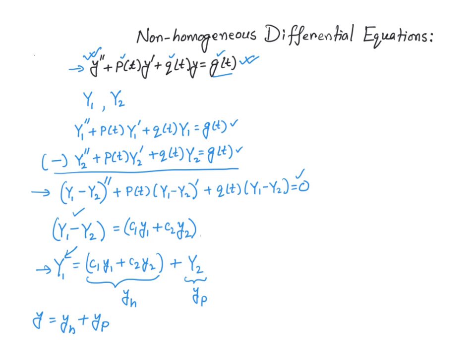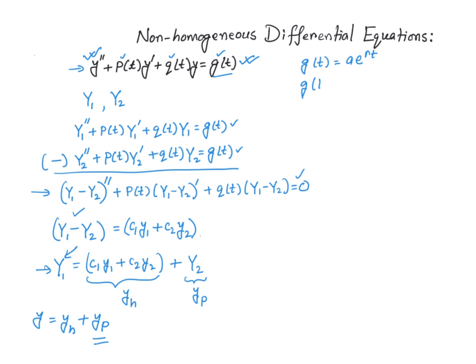And in the real world, typically, we will have to find this particular solution. And for that, as it turns out, when your g of t is of the form a times e to the power rt, this is one combination.